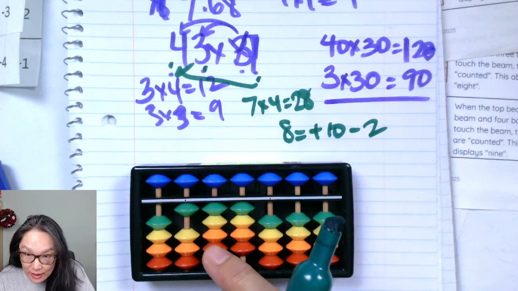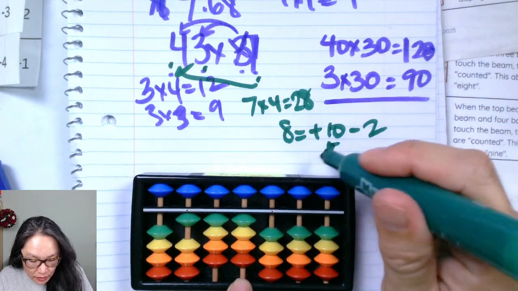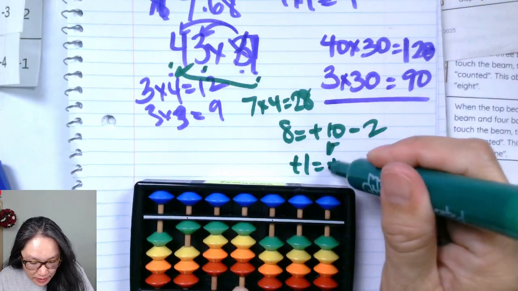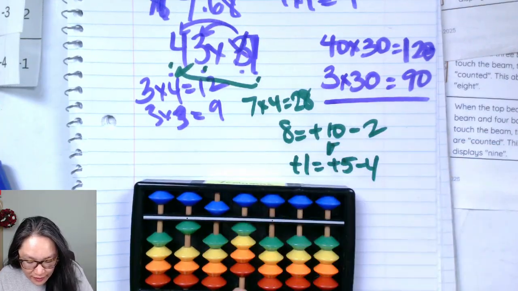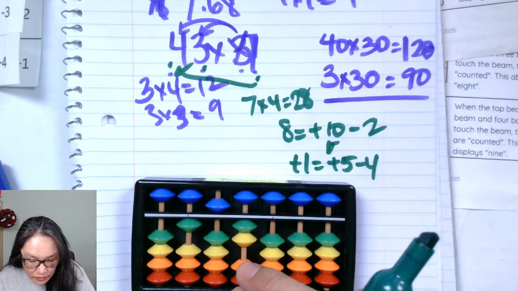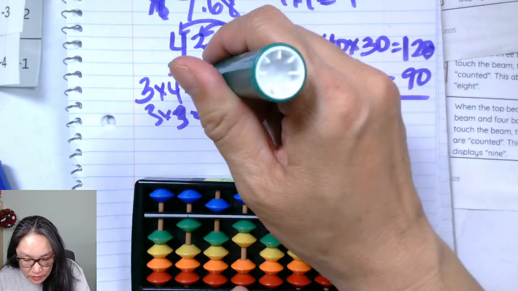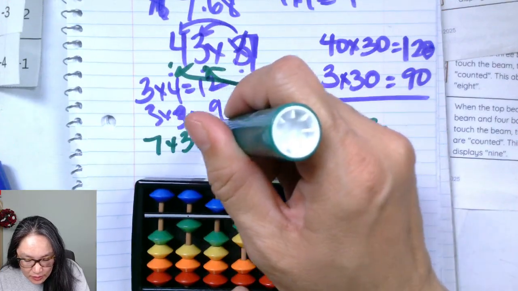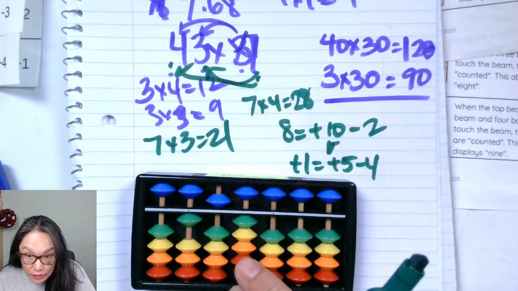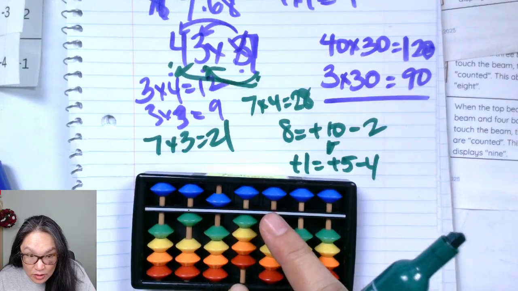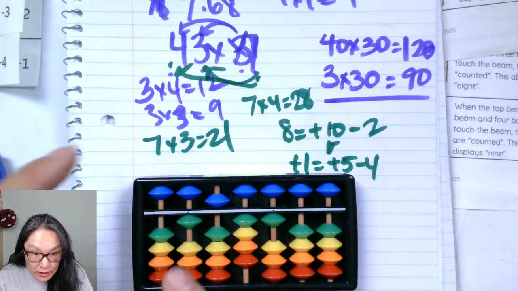Plus the 10, cannot plus the 10. So plus the 10, plus 1 is equal to plus the 5 minus 4. Plus the 5 minus 4, and then take away the 2. Then 7 times 3 is equal to 21. Add my 2, add my 1. So my final answer is, the zeros are already there for you.